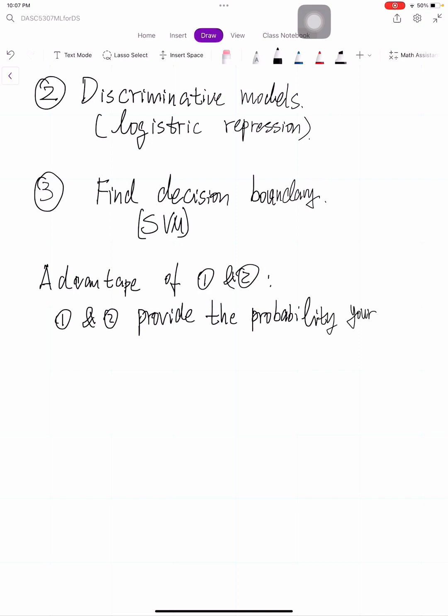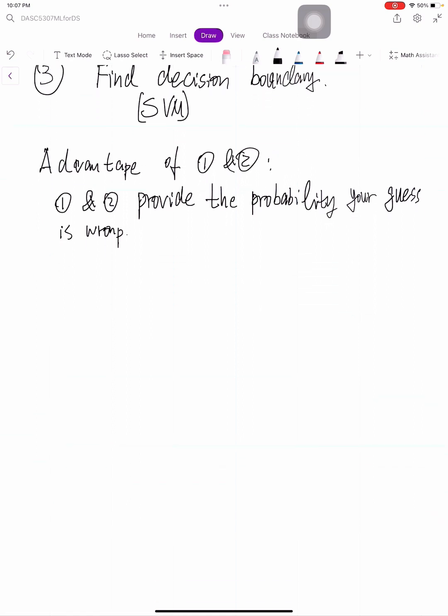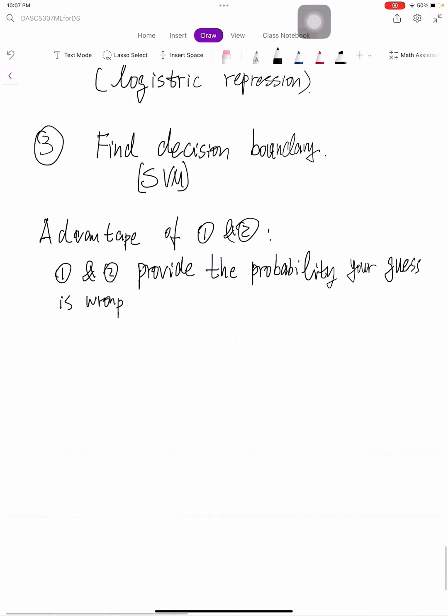It provides a probability for your guess. And there is also a disadvantage of the support vector machine: it just gives you the decision boundary. It doesn't give you the probability that your guess is correct or wrong, right? And in a lot of applications, people want to know the probability of whether your prediction is correct or wrong.